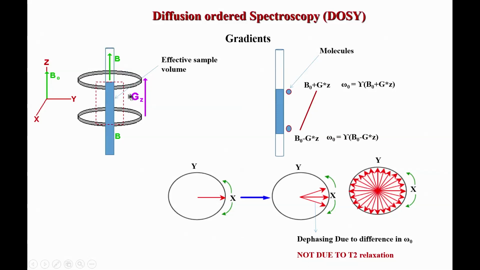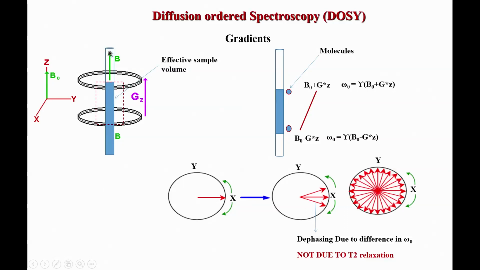What does this mean? It means that whatever NMR experiments you do, the signal your sample is generating is coming only from this portion. The portion below and anything above is no use. Why? Because it is not seen by the RF coil. So, the RF coil and the gradient, I mean this portion, is essentially the main part of the sample. The molecules in this portion are the ones which are finally giving you the NMR signal. So, this typically is about 250 to 300 microliters in a 5 mm tube.